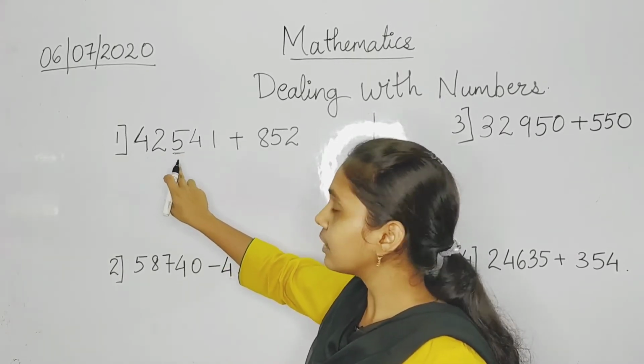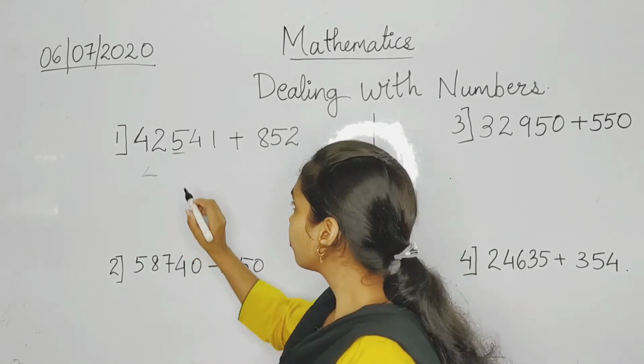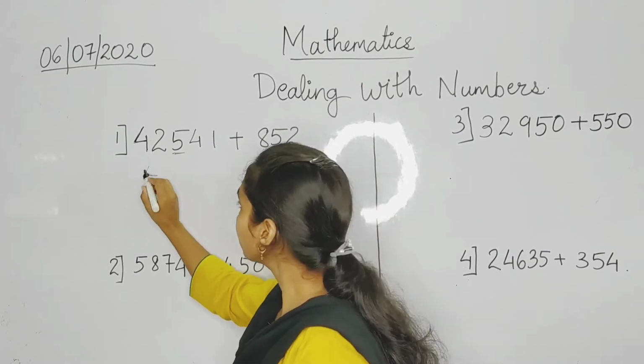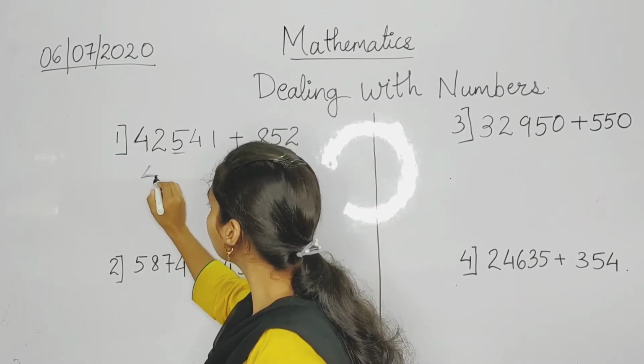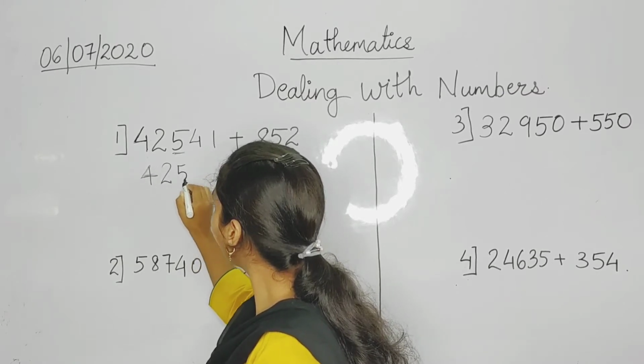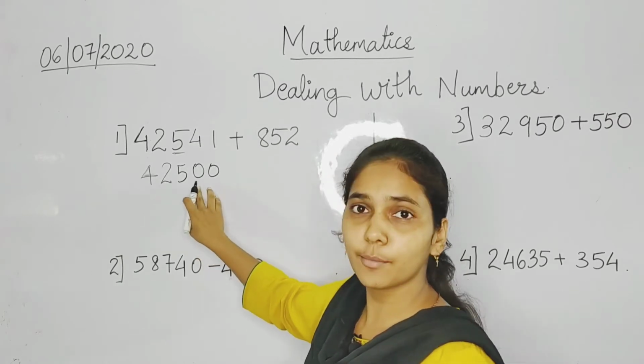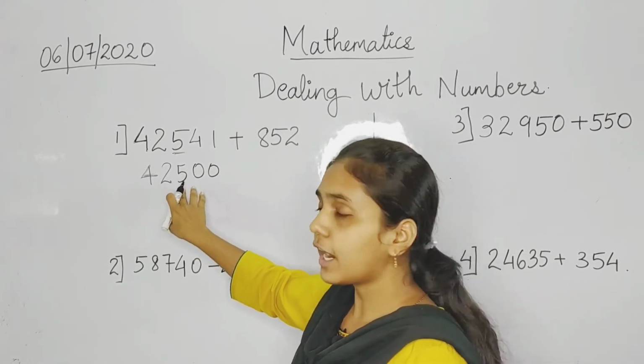So this number after rounding off becomes 42500. This is the number rounded off to the hundreds place.